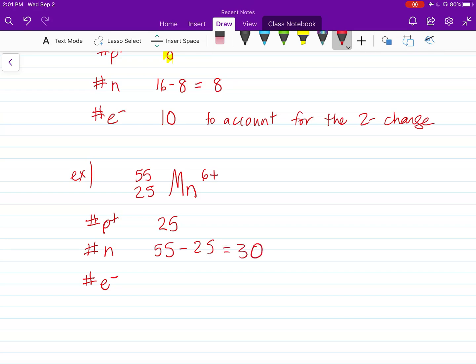Now, how about the electrons here? A neutral atom of manganese would have 25 electrons. But we have a charge here of 6 plus on this ion. So that means that we must have lost 6 electrons. So we're going to be left with only 19 electrons relative to the 25 protons in the nucleus. That gives this manganese ion an overall charge of 6 plus.